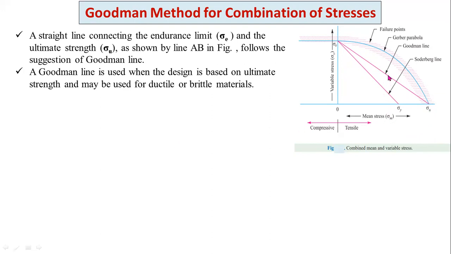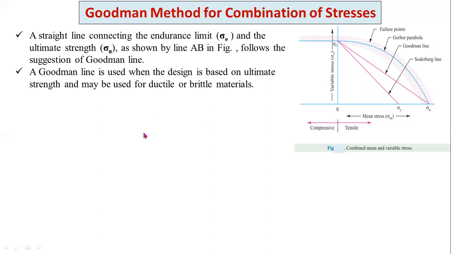Examples of brittle materials are cast iron and glass. Ductile materials are aluminum, steel, copper.